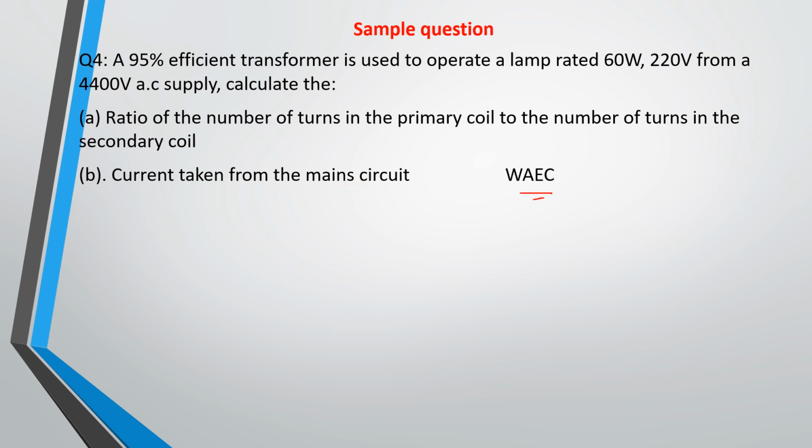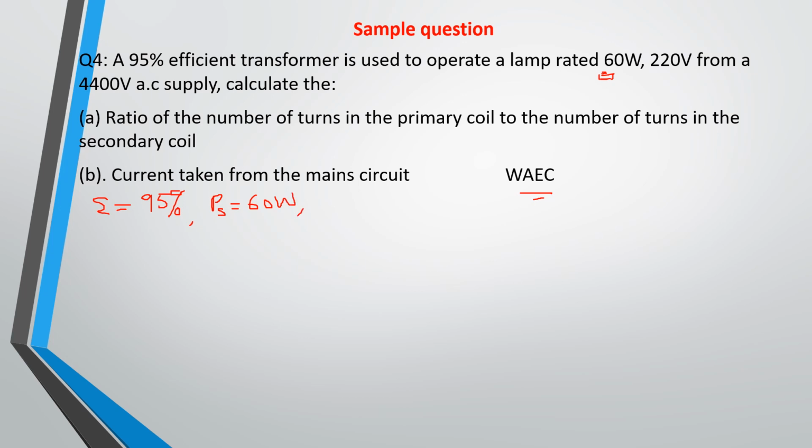Okay, so for this particular question, we are given that the efficiency of this equipment is 95%. Another variable that is given to us is the power, because this is the load. It is used to operate this load, so this is the power output in the secondary coil, and that is 60 watts.